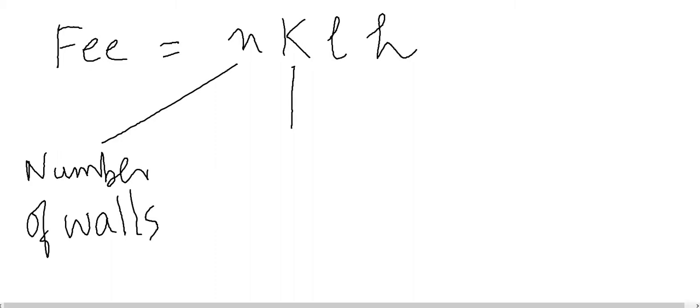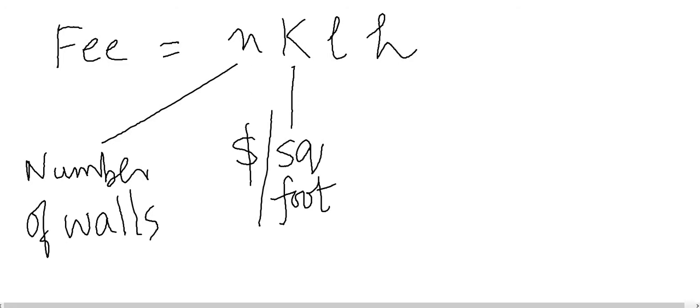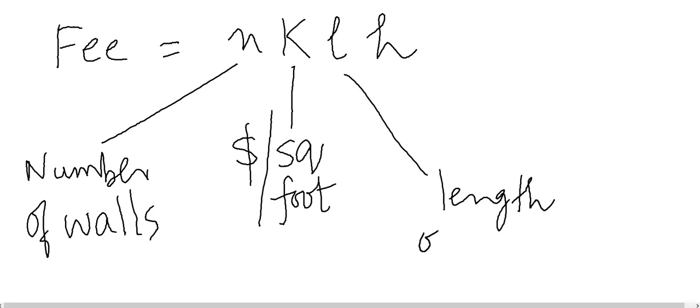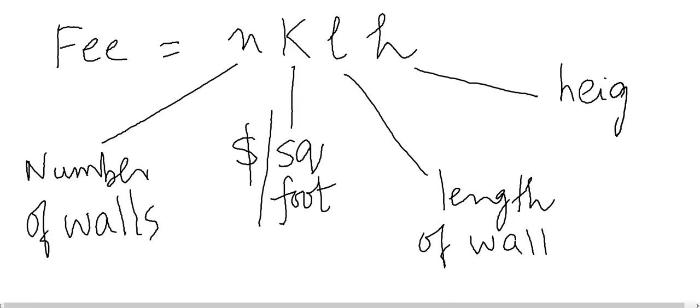K is dollars per square foot. L is the length of the wall, and H is the height of the wall.